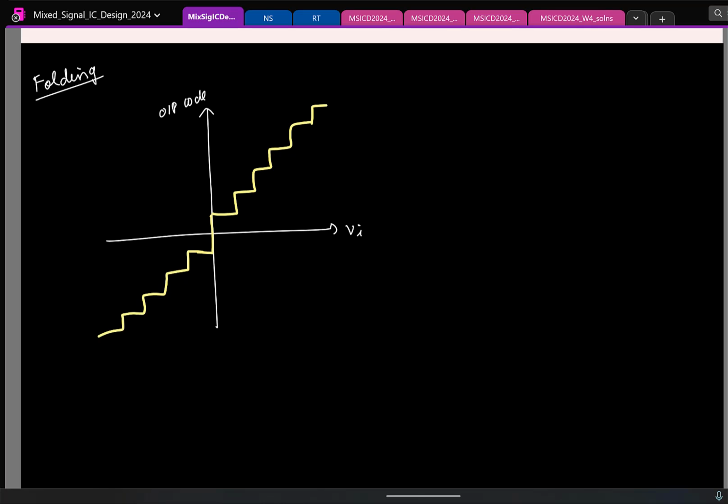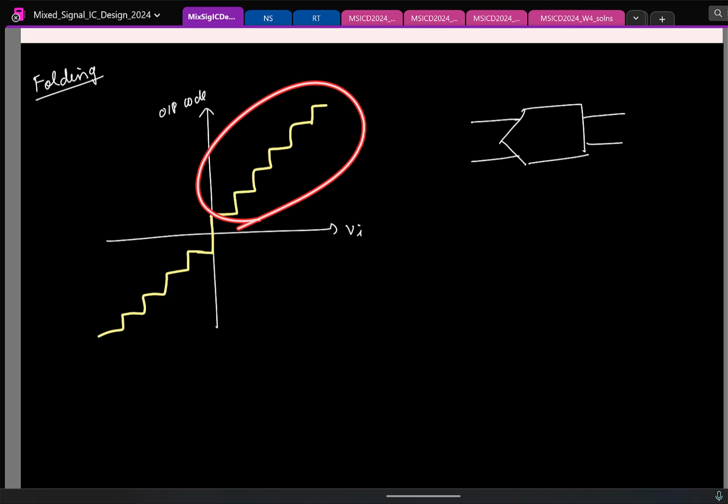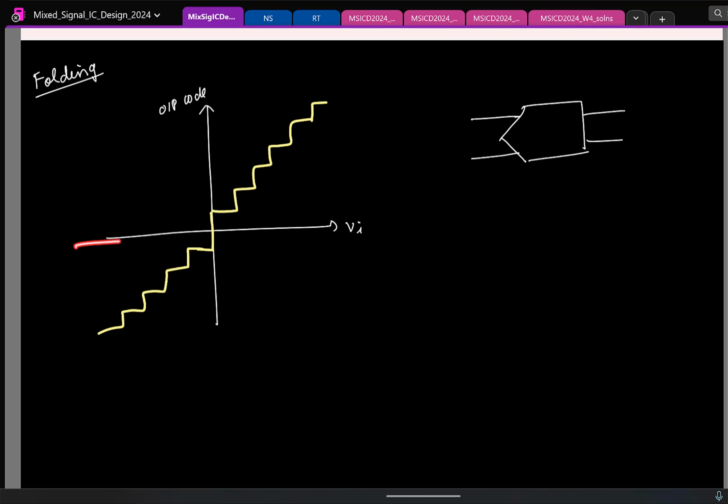Now let us say I make an ADC that compares my input only with positive references. My differential input can go negative and positive, but I have made an ADC that compares only with a positive reference. If the input is greater than 0, there is no issue, I will feed it directly.